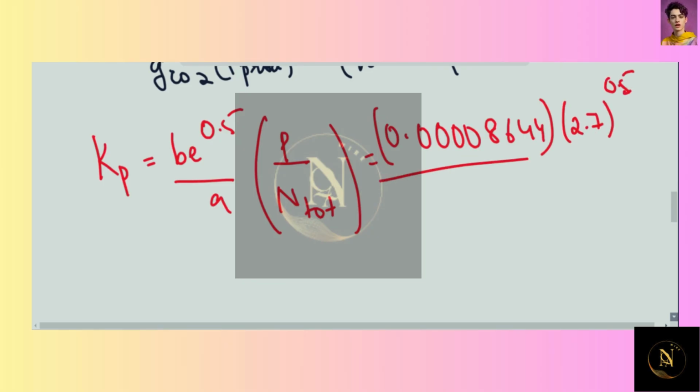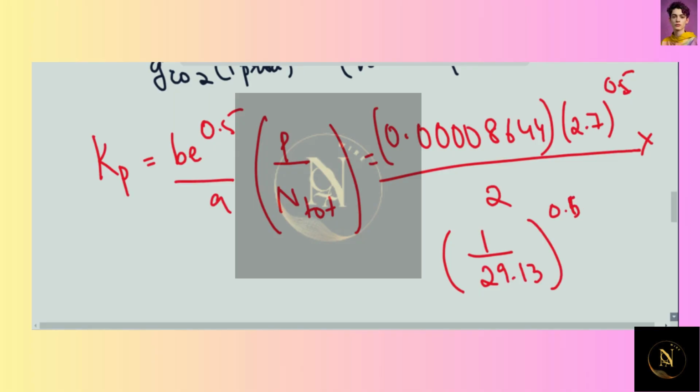That is 0.00008644 into 2.7 raised to 0.5 upon 2, into 1 upon 29.13 raised to 0.5, which is equal to 0.00001316. So this is the Kp that we got.